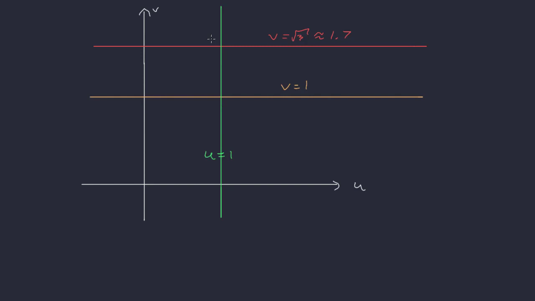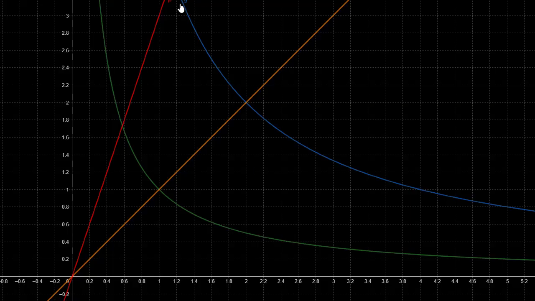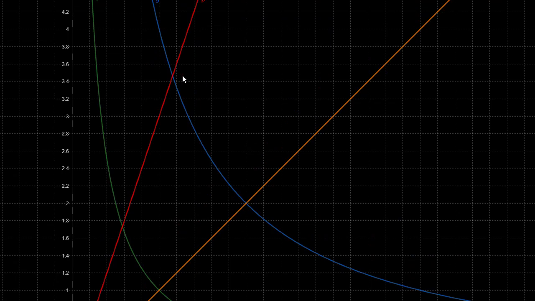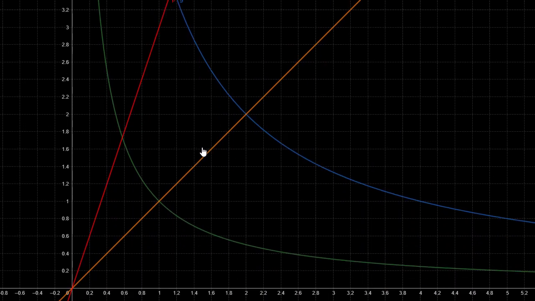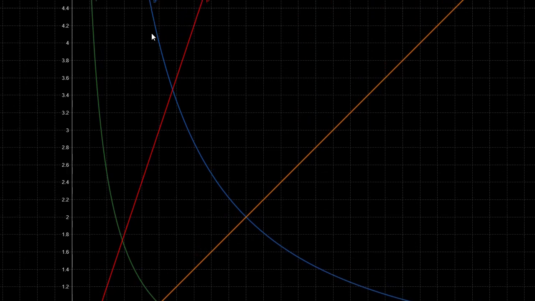All right, and then we have one more to go, and that's this one in blue here, which is the y equals 4 over x, sorry, because if we plug in 1 here, we get 4.